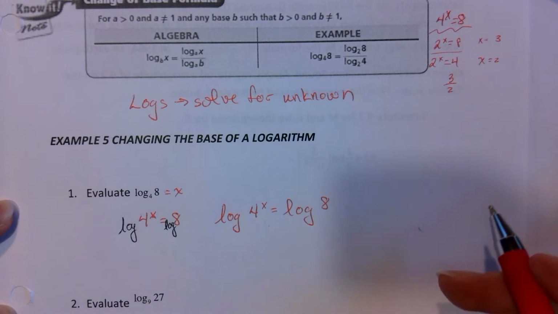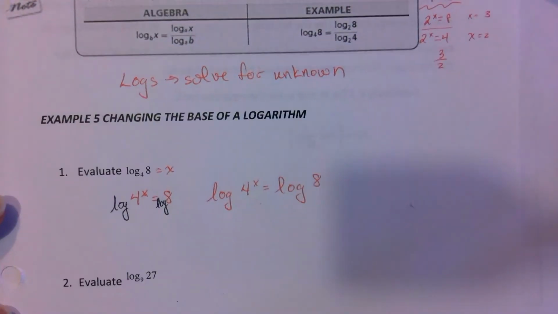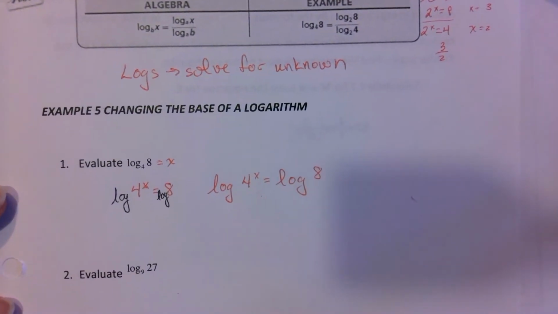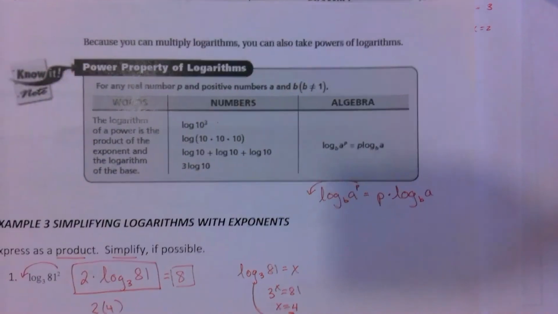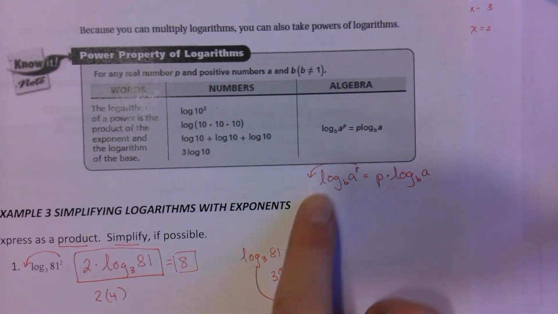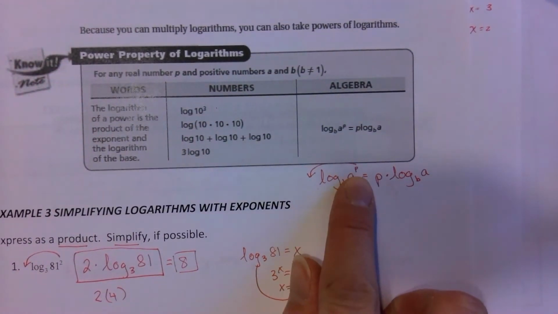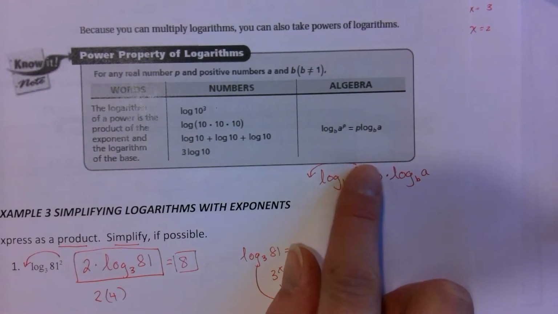And so by taking the log of each side, I can go ahead and use my power property. I want to remind you of this property. It was in prior notes. Anytime I have a log base b of a to the power of p, a log to a power, the power can come out front.